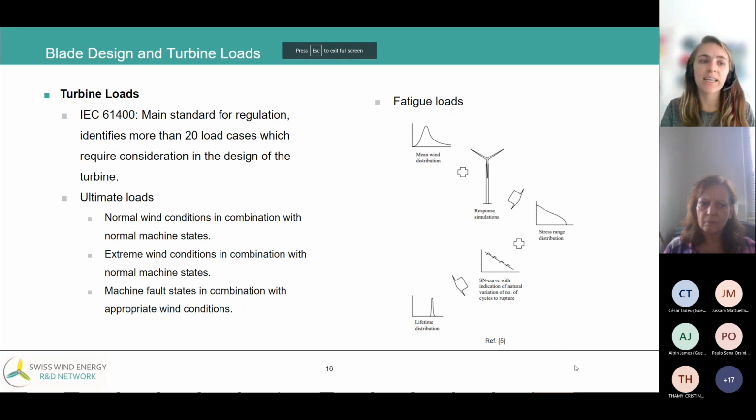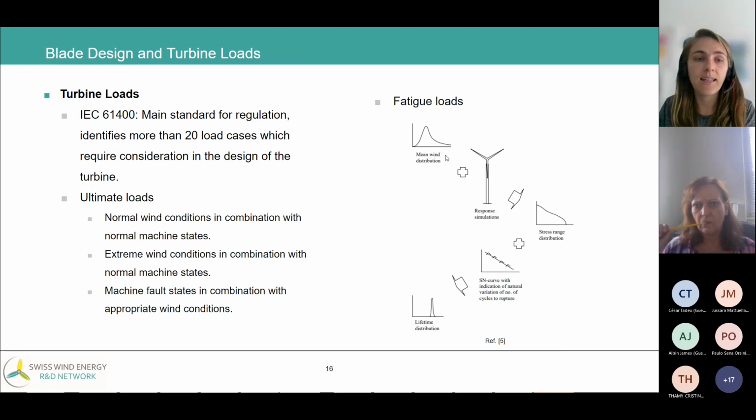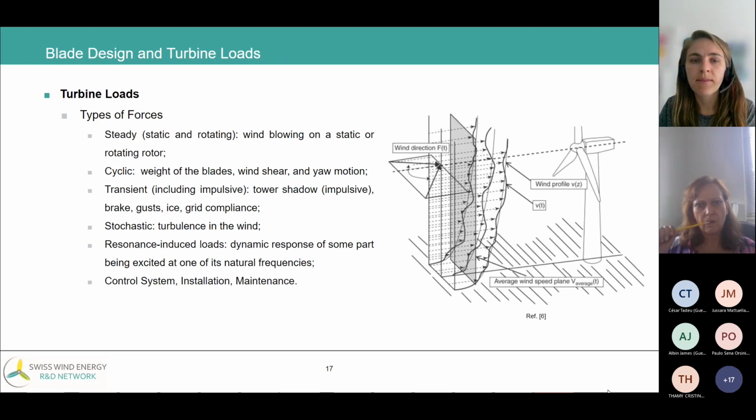So again, this standard is the main one used in the industry. There we have these extreme loads defined, also the fatigue loads. But what are these loads? What causes these loads? Here I listed the main ones.